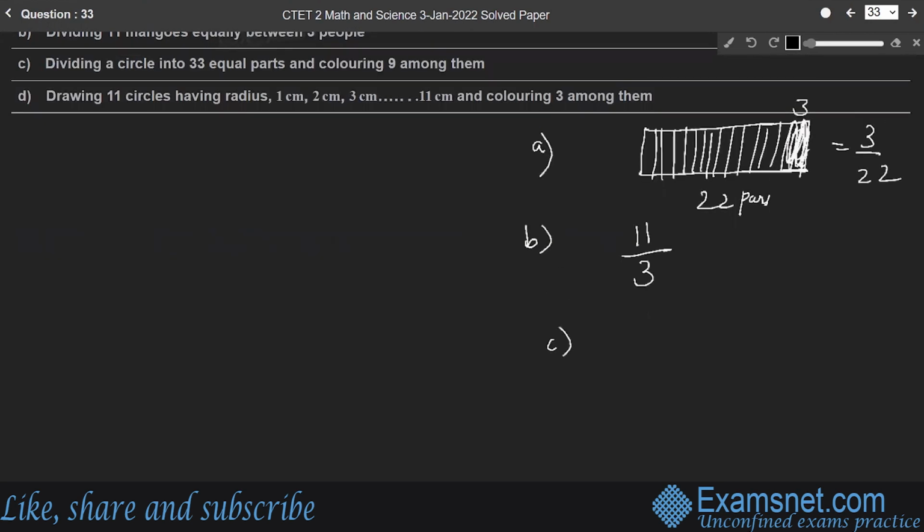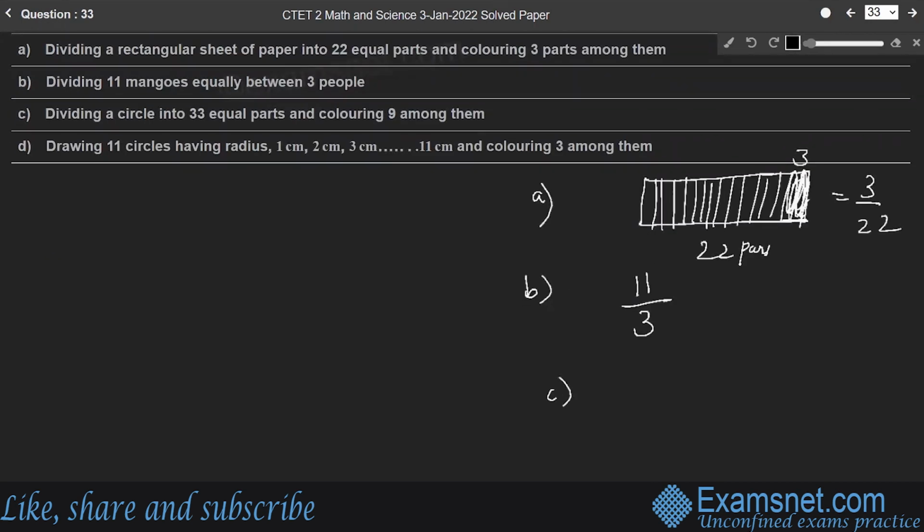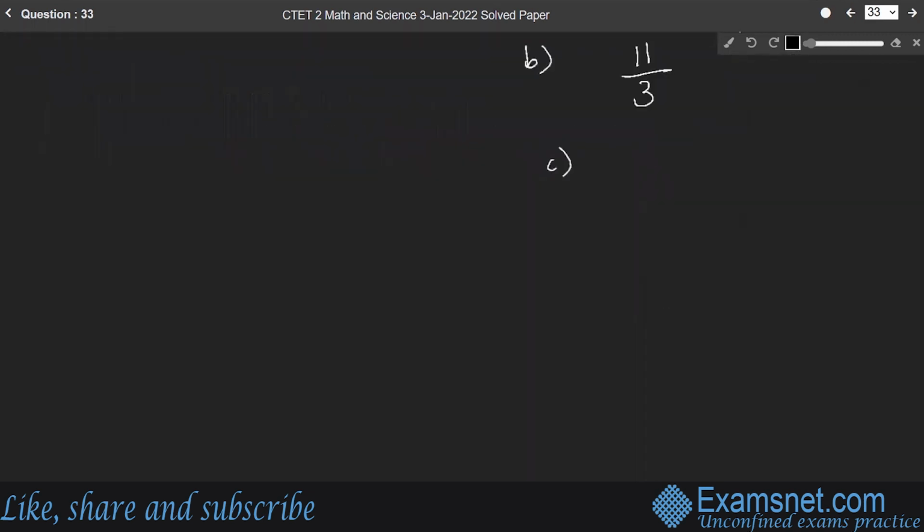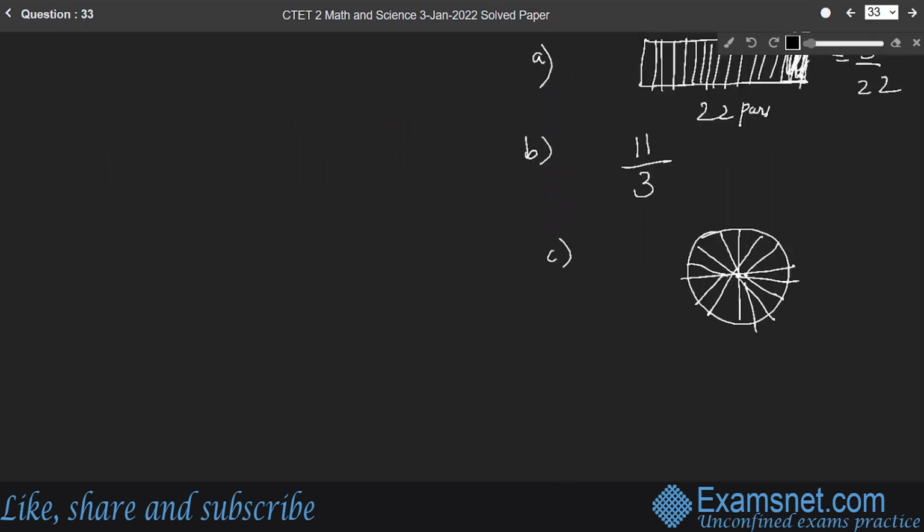In the third case, dividing a circle into 33 equal parts and coloring 9 among them. So there is a circle with 33 equal parts, and among them 9 parts are colored.